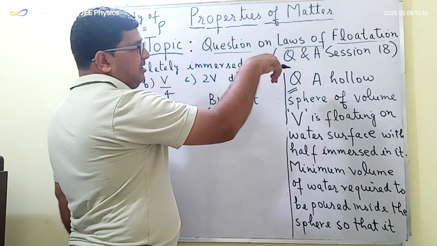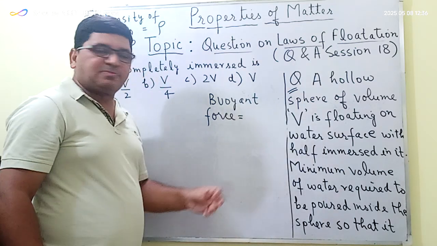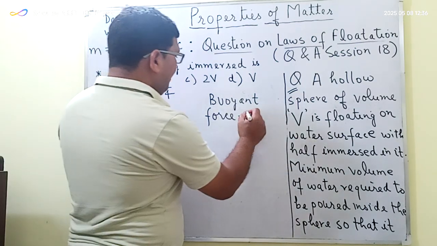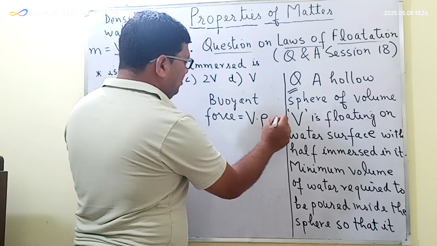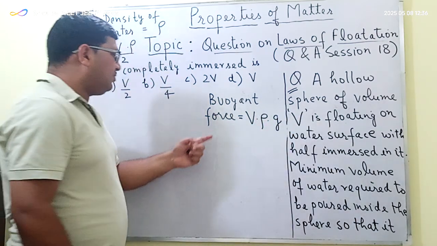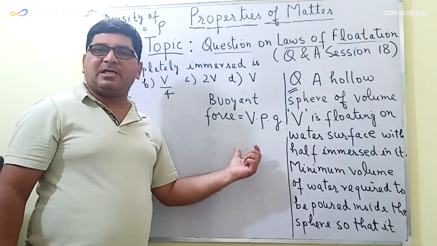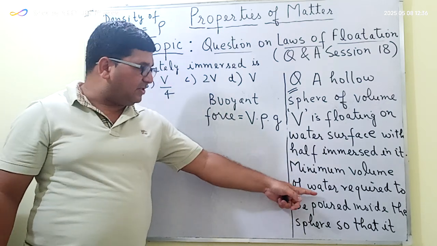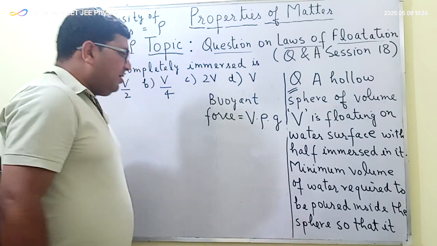Since the sphere is completely immersed, the volume of the liquid displaced will be equal to V. The density of the water is rho, into g. So this is the buoyant force acting on the sphere when it is completely immersed, after some water is poured into the sphere.